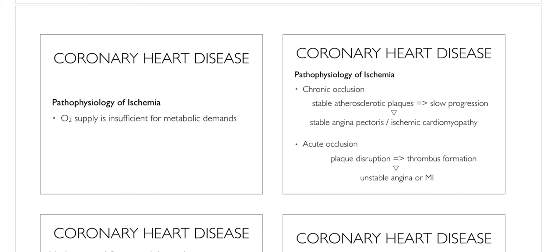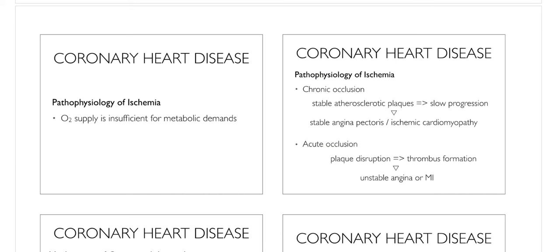So when it comes to the pathophysiology of ischemia, ischemia can come in two different forms, either chronic occlusions or acute occlusions.